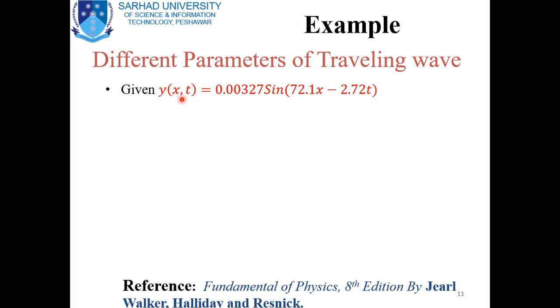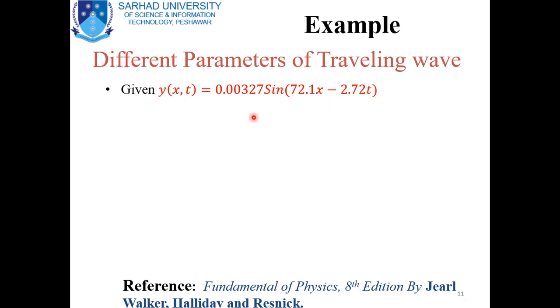This is the instantaneous displacement of the particle of the medium, which is equal to 0.00327 sine (72.1 x minus 2.72 t). So you have to compare this expression with the expression given for the transverse wave, which is y is equal to ym sine (kx minus omega t).